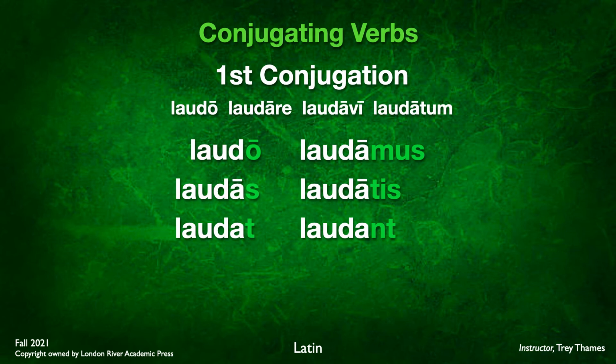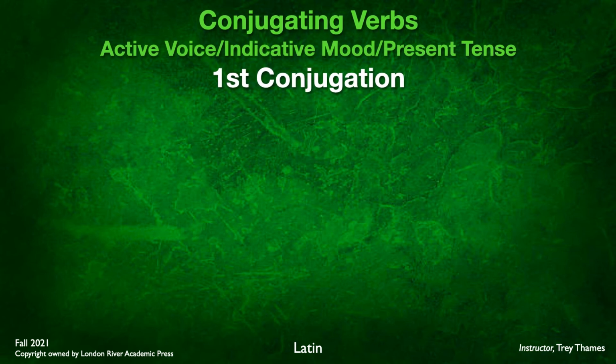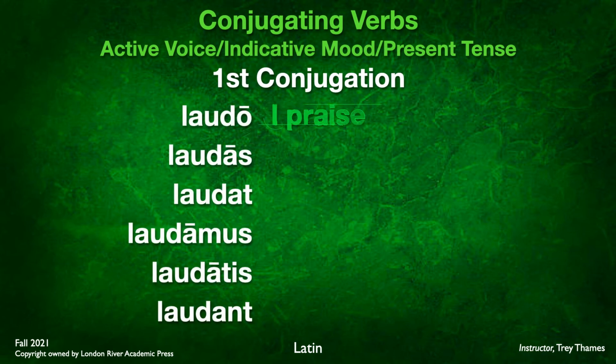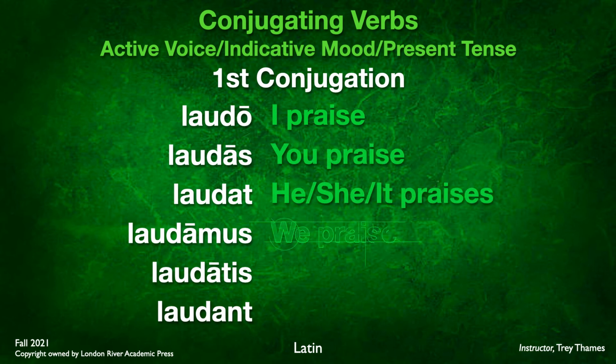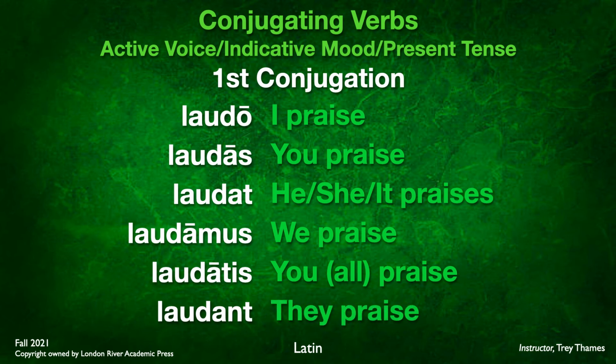How does that translate? Well, it is simply I praise, you praise, he, she, or it praises, we praise, you all praise, and they praise. And by the way, when we conjugate these, often for brevity's sake, we'll say in the third person singular, he praises. It's just awkward to say he, she, it praises. And so often we'll just take the masculine singular and say that out loud.